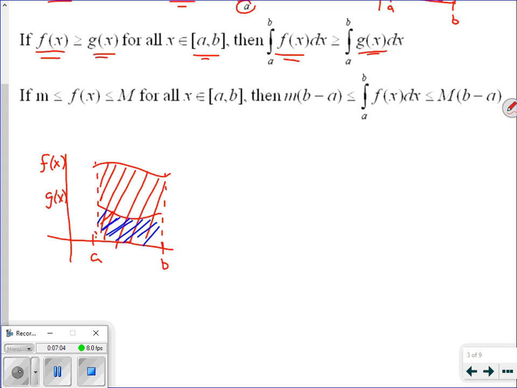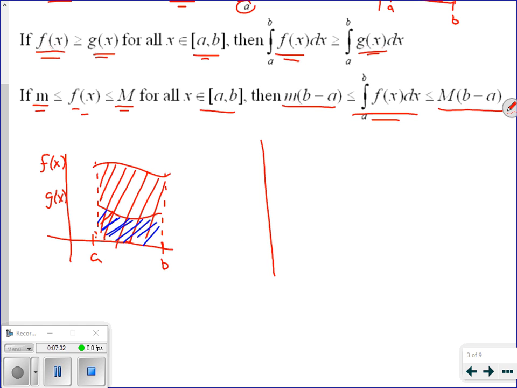All right, now this last one sounds weird, but what it's saying is if you have some m, lowercase and capital case, which are just constants, that are on either side of f of x for all of x, then m times b minus a and capital M times b minus a are going to be on either side of the area underneath the curve of f of x.